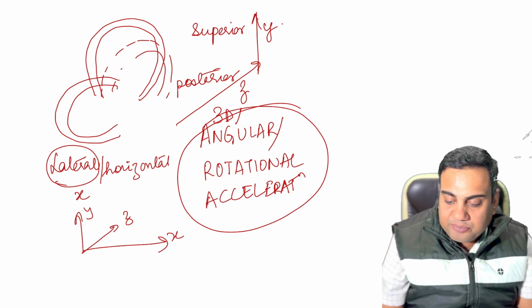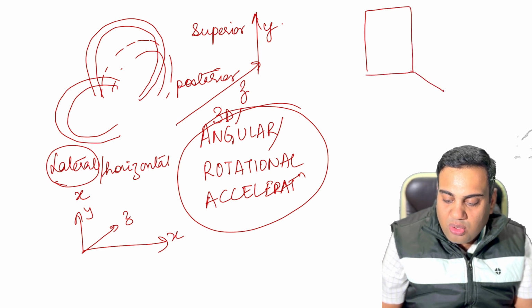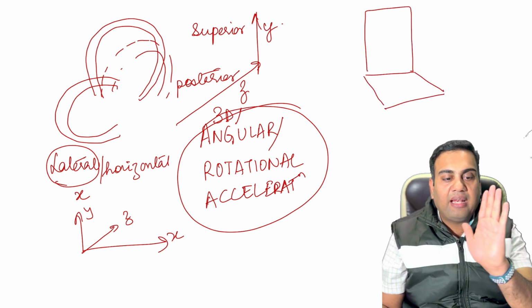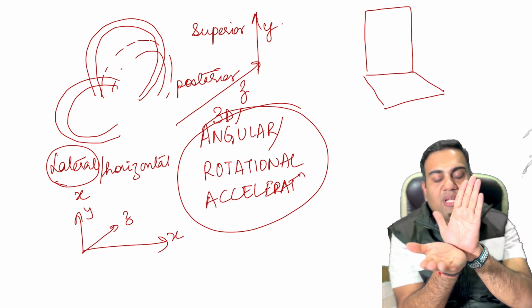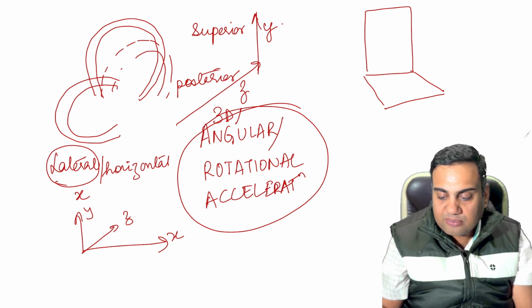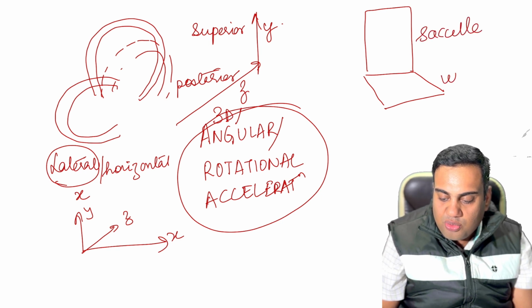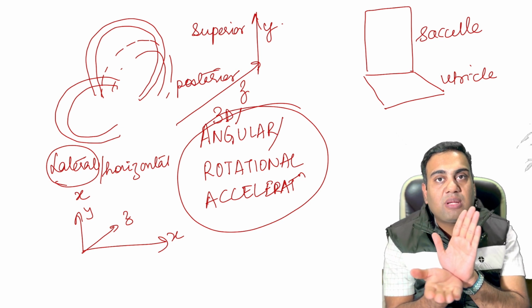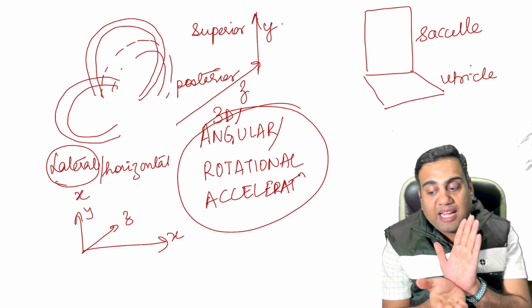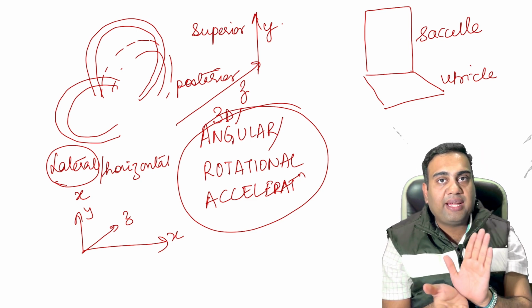Compared to this, the saccule and the utricle are arranged more in a 90-degree fashion. So saccule is like this, utricle is like this, horizontal. Okay, so this is saccule, this is utricle. So from this dimension you will have understood when the saccule will maintain our body's balance: when we go up and down.